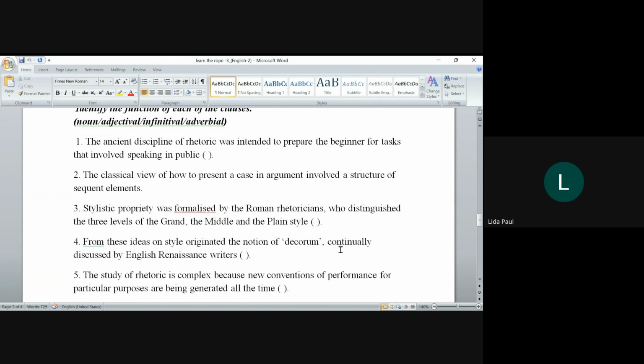What is your subordinate clause here? Very easy, this one is. It's just straight in front of your eyes. Ma'am, "to present a case in argument."